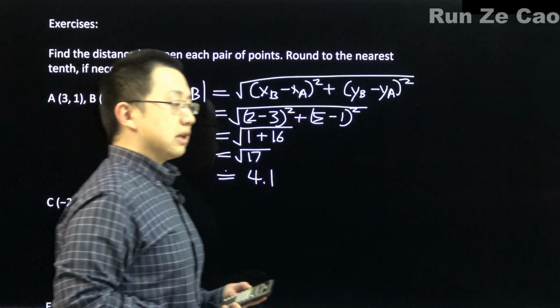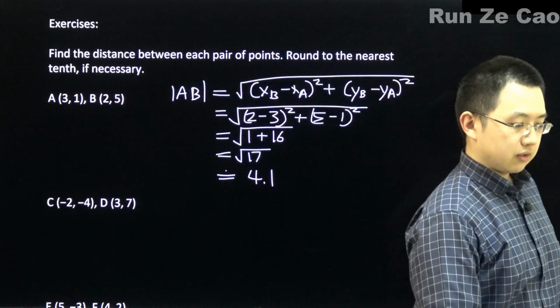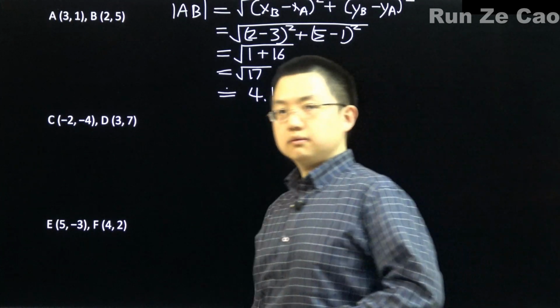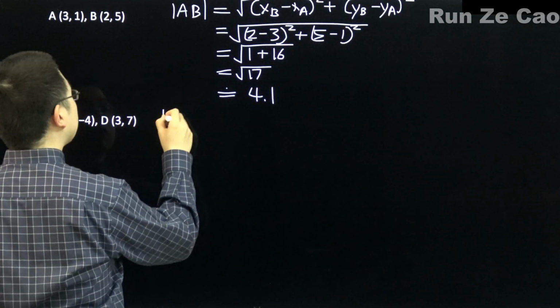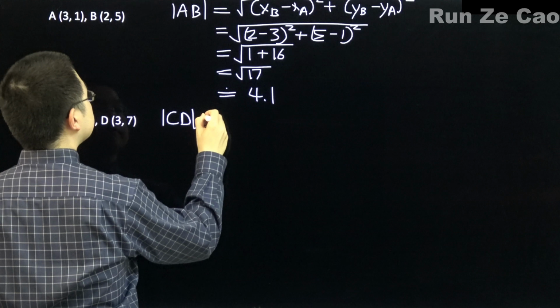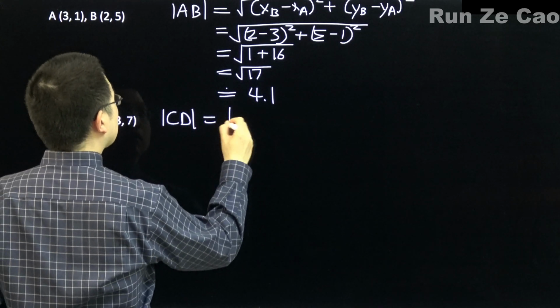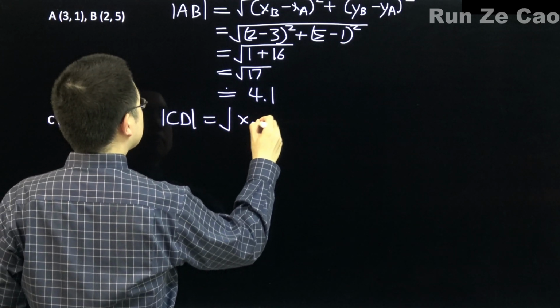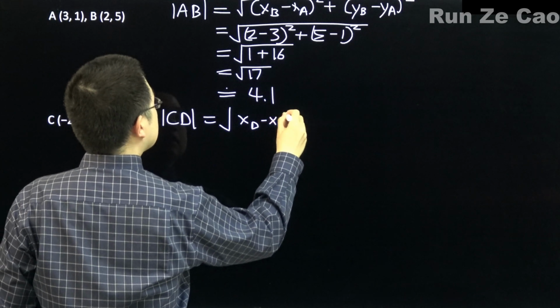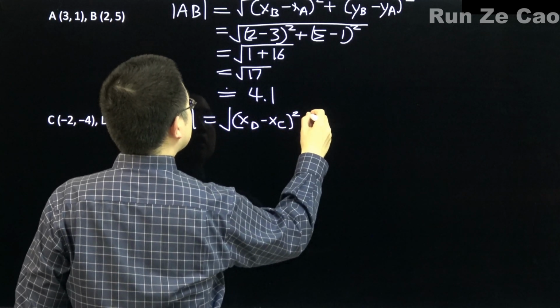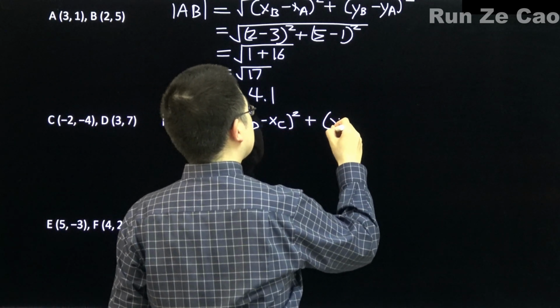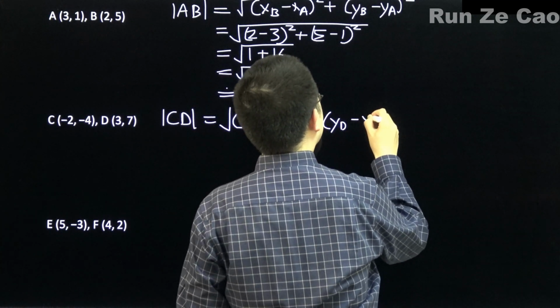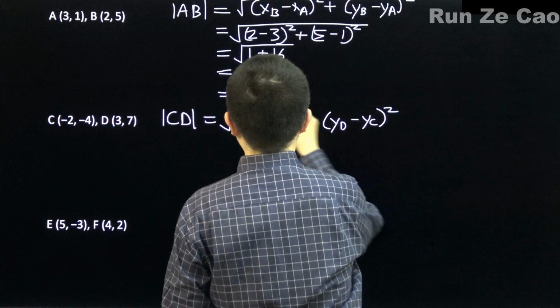Alright, what's CD? The magnitude of CD is the same old formula. Square root of (xd minus xc) squared plus (yd minus yc) squared.